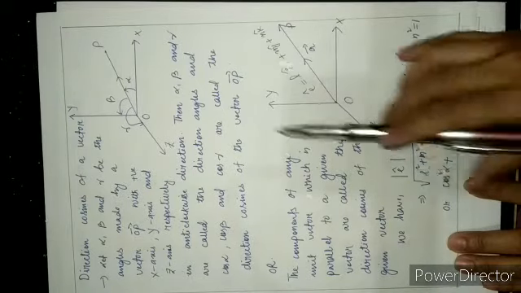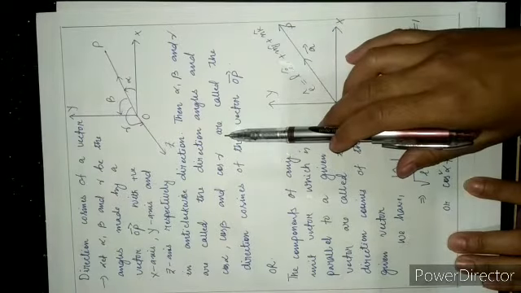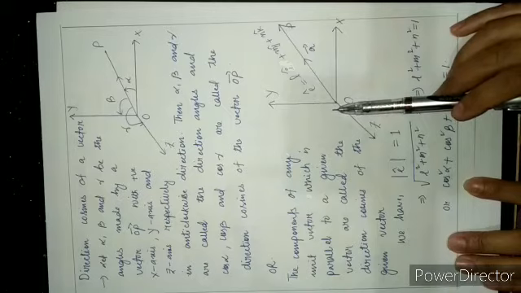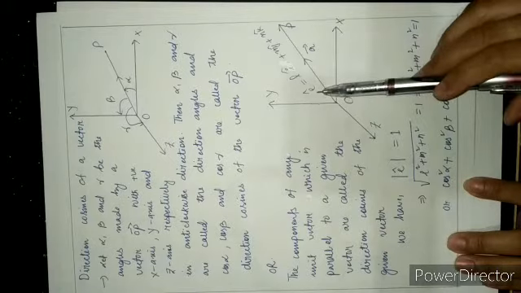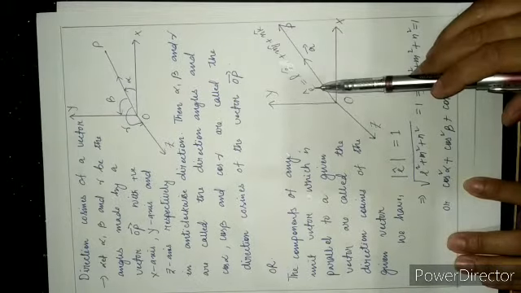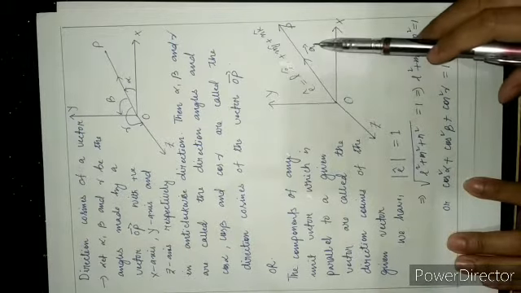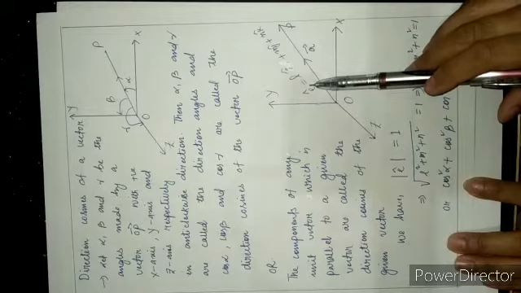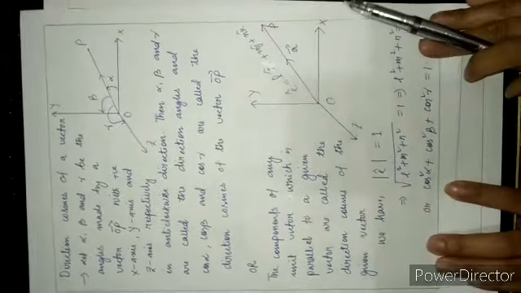Earlier we defined it in terms of angles, and now we explain it in terms of components. Define a unit vector acting along the A vector. Then the components of this E cap are called the direction cosines of the A vector, and direction cosines are denoted by L, M, and N.